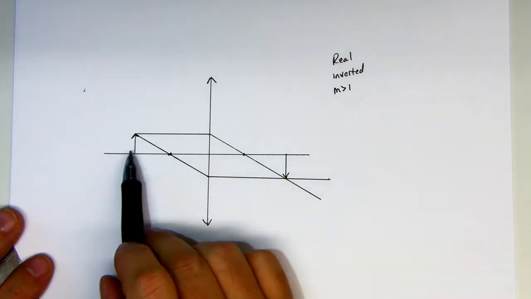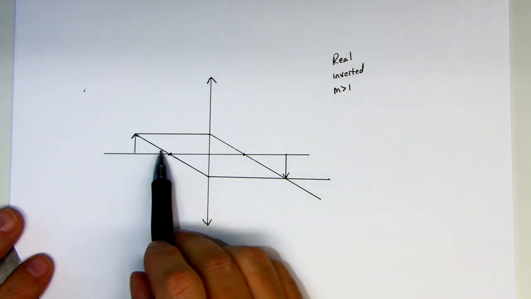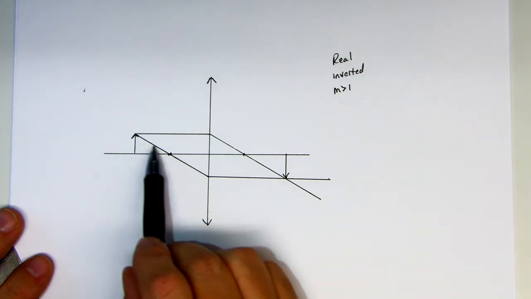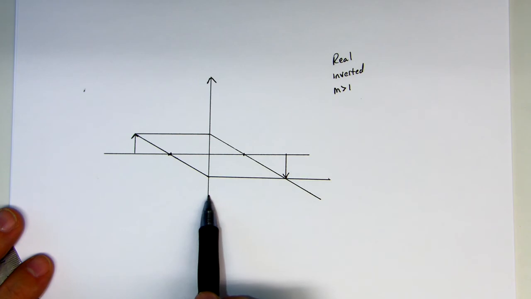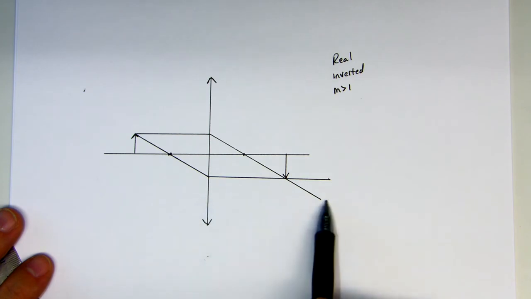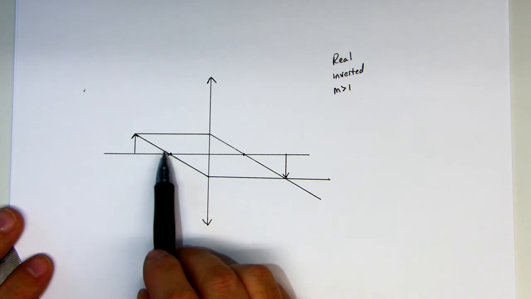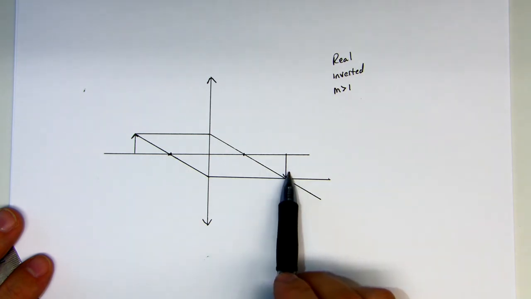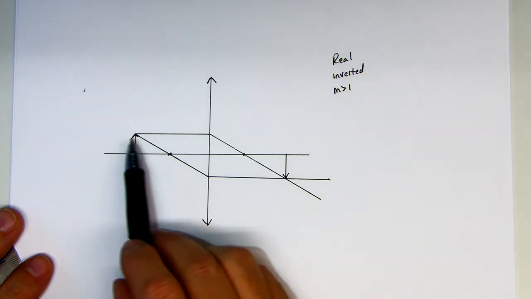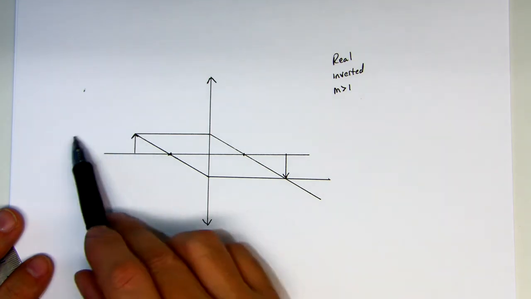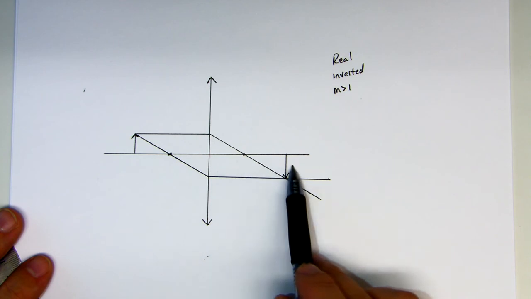So if I move this object closer to the focal, we can see that this angle, this line here, is going to get steeper, and it's going to come down here, which will come out this way, which will give us a larger object. So as we move closer to the focal, the image of the object will be getting larger, and as I move away from the focal, this angle here is getting shallower, so the height of the image will be getting smaller.